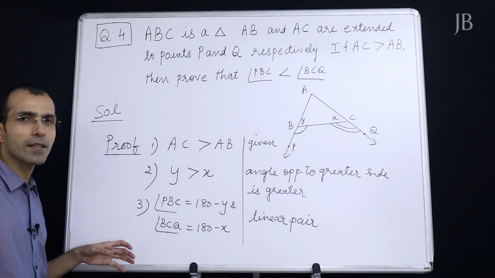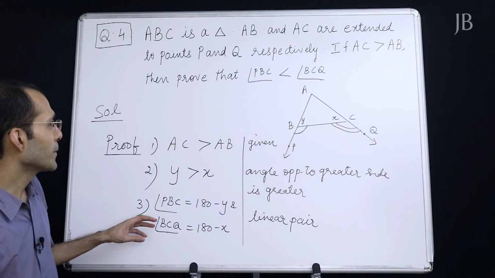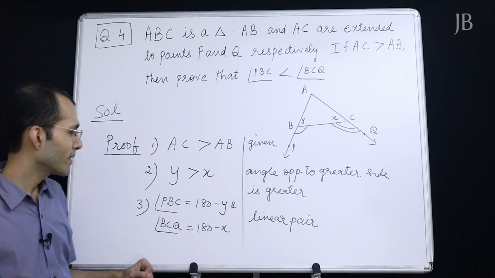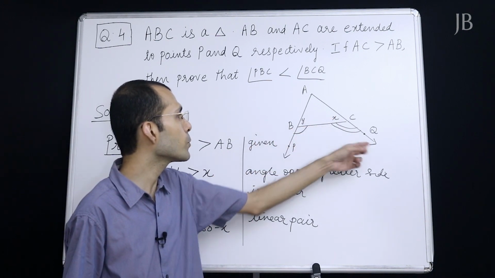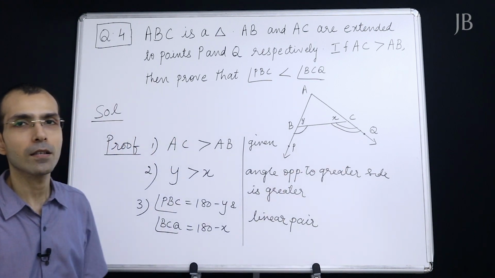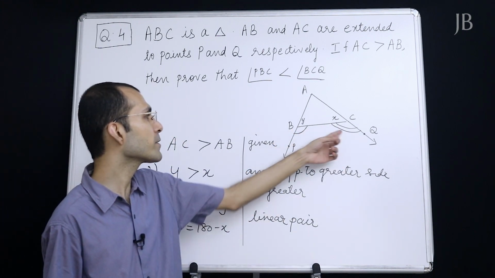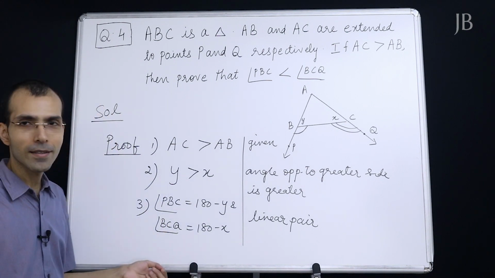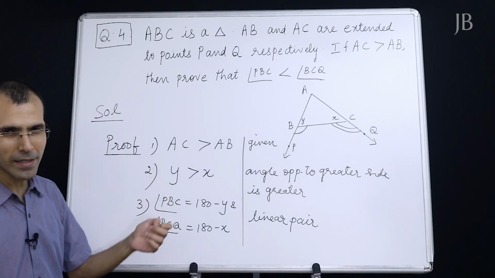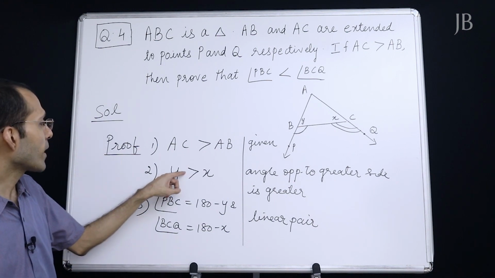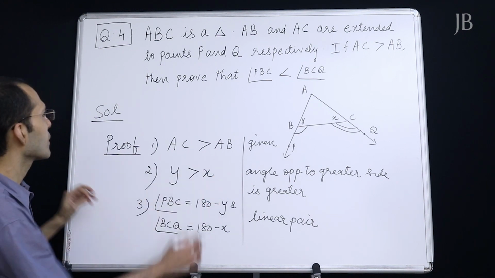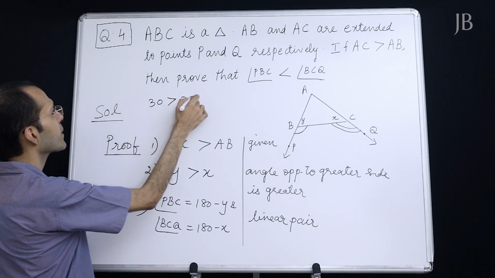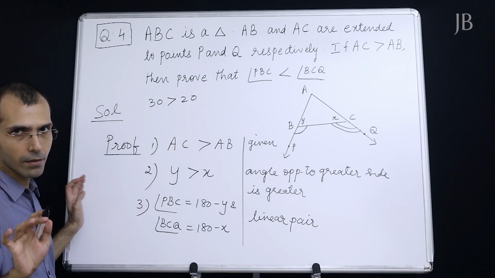We are almost done now. See, PBC is 180 minus Y and BCQ is 180 minus X. We just have to compare these two angles. Now who will be greater? Okay, think like this. Let's take an example. Y greater than X. So let's take something like 30 greater than 20. Agreed? Nothing wrong in this.